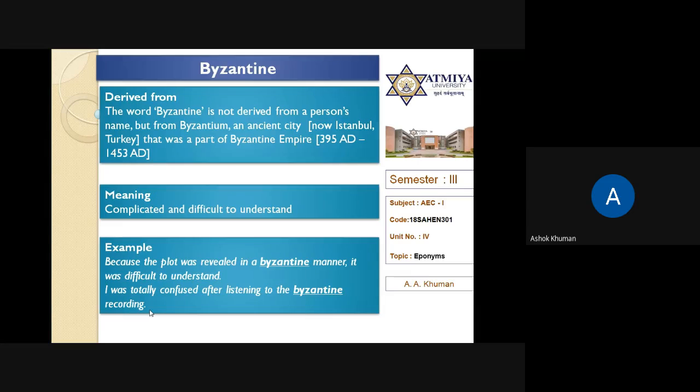Byzantine behavior, Byzantine manner, Byzantine book, Byzantine movie. If you feel it is difficult to understand, it is Byzantine. Complicated, complex, labyrinth, difficult to understand.